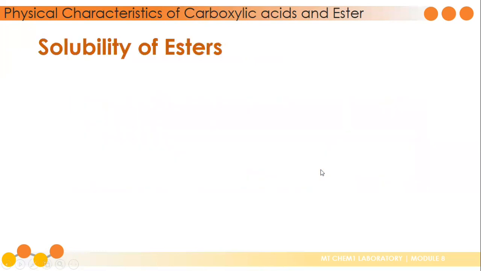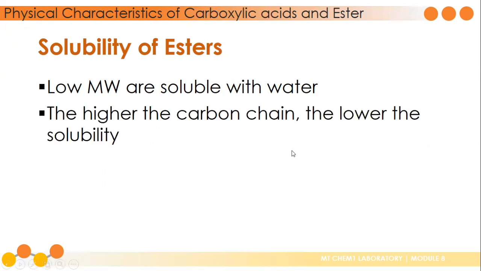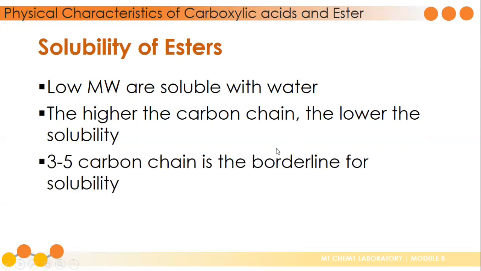How about the solubility of esters? Low molecular weight esters are soluble in water. We have to remember that the higher the carbon chain, the lower the solubility. This is also applicable to carboxylic acids. As the carbon chain length increases, there is a lower solubility for them, which means it's harder for them to be dissolved in water.